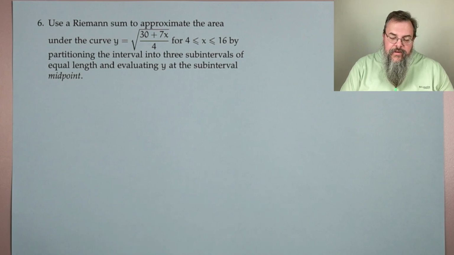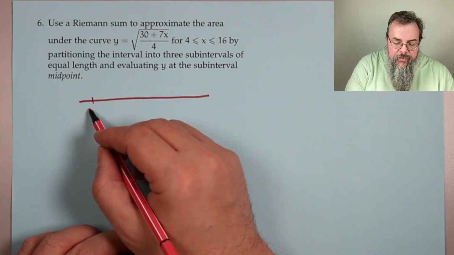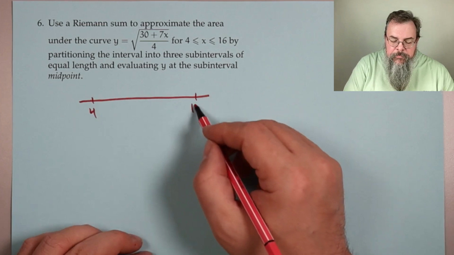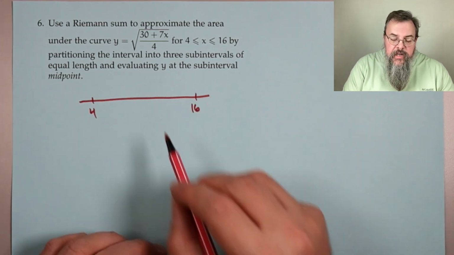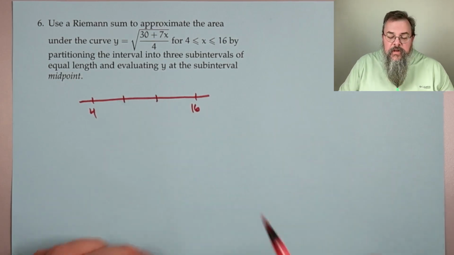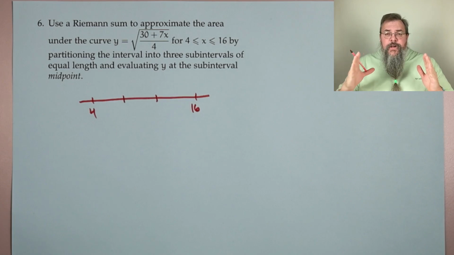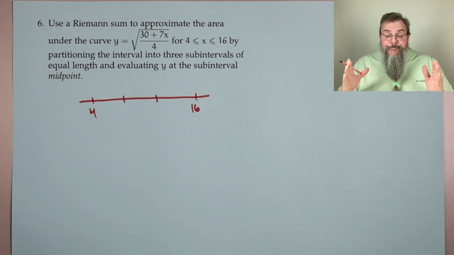So let's start by drawing our intervals, right? We have 4 to 16. Now, we need to cut this into 3 equal parts. How far apart are we if we go from 4 to 16? We are distance 12, 16 minus 4.